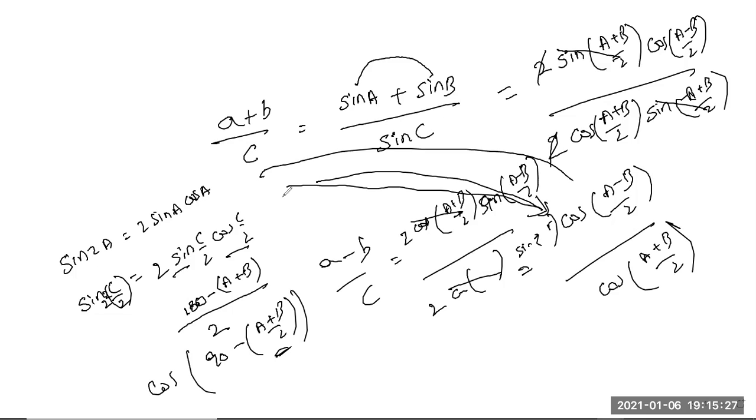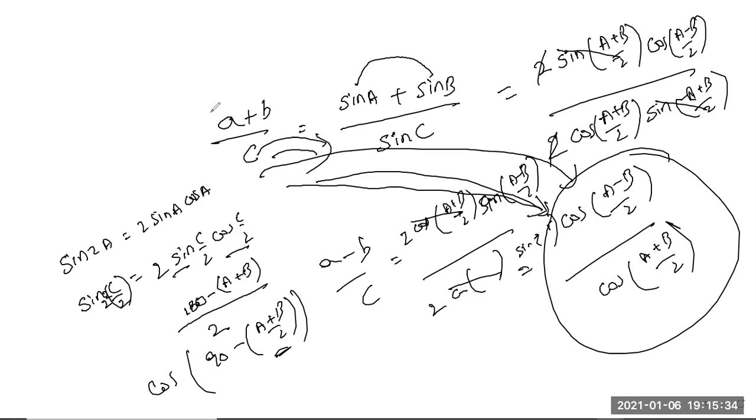If there are questions where you need to convert into trigonometric identities, first convert the sides into sin A, sin B and sin C, and then proceed accordingly. So that is the tangent rule. Now, half angle formula.